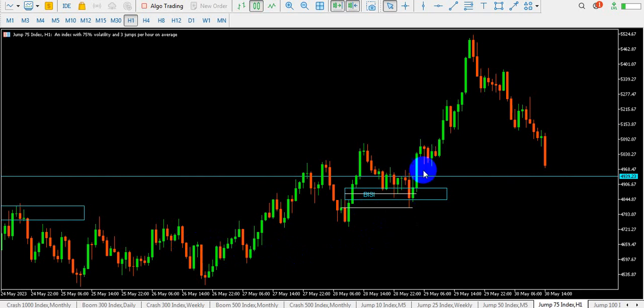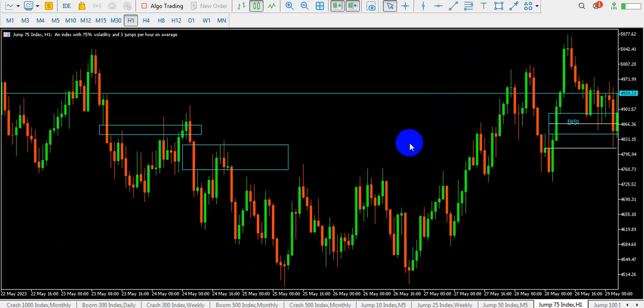Whenever you see a rebalance into a fair value gap, expect liquidities to be resting there. So that's how the algo works. Look at this. Once this red candle balanced this fair value gap, it became a sell side liquidity, right? Then it pushed price up, validating another bullish order block.